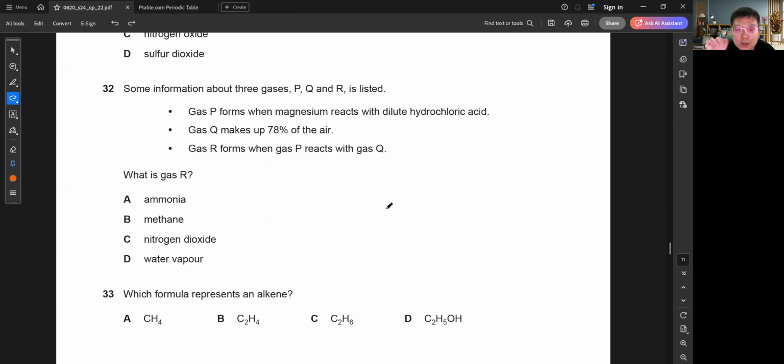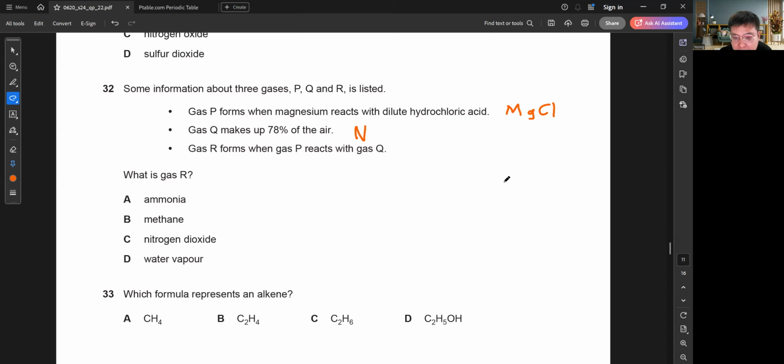Number 32, P, Q, R. Gas P forms when magnesium reacts with dilute hydrochloric acid. Gas Q makes up 78% of air, so definitely nitrogen. So we should get MgCl2, right?